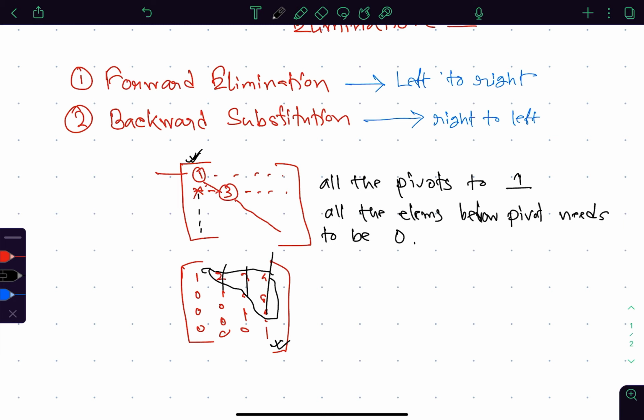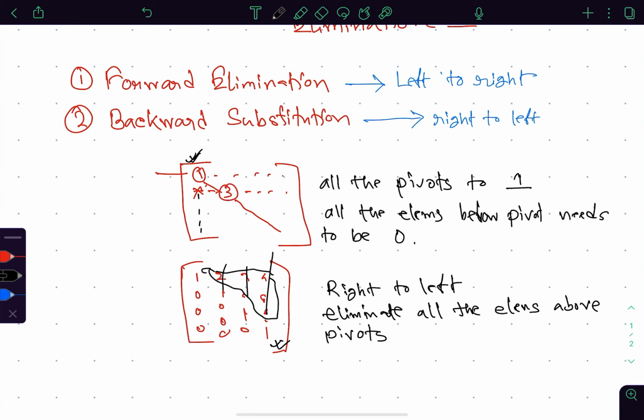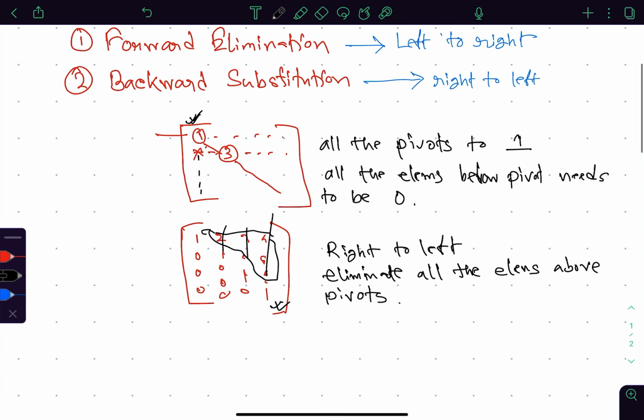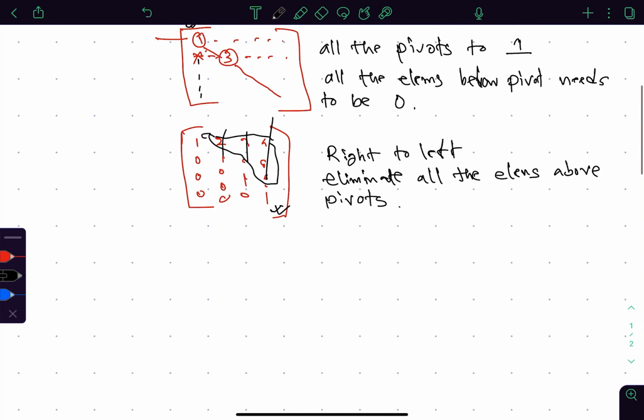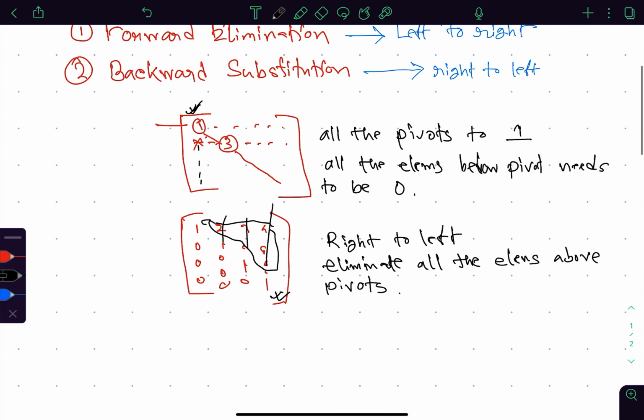So that is the thing. First we go right to left and eliminate all the elements above each pivot, right? So this is the algorithm part.